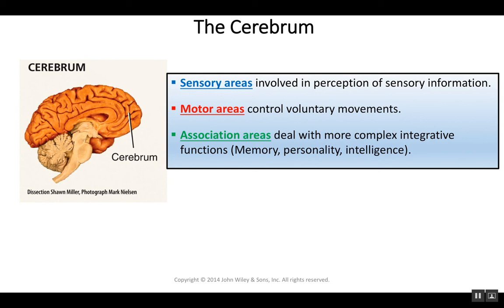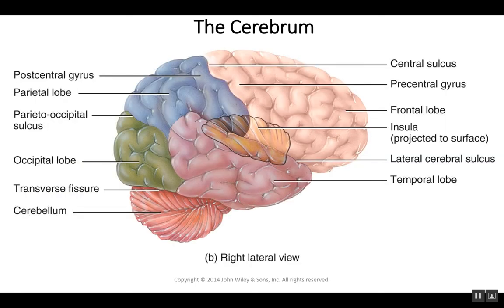So integration means it gets multiple sources of information in order to make a decision based on that. So memory, personality, intelligence are some of the properties of association areas. So in the next video, we're going to look at some of the anatomy of the cerebrum and then dive more into these sensory, motor, and association areas.